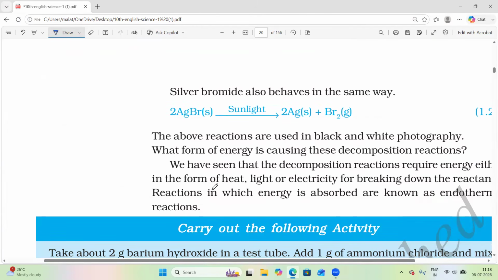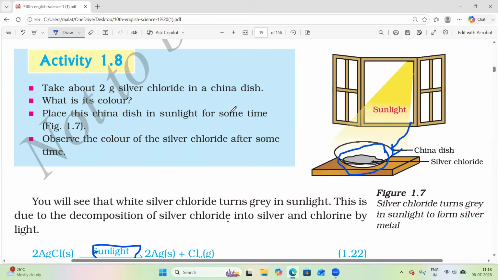One more similar reaction by using sunlight: silver bromide. In the presence of sunlight we will get bromine gas and silver. That is, one single reactant breaks down into two or more products by using sunlight, which is called photochemical reactions.